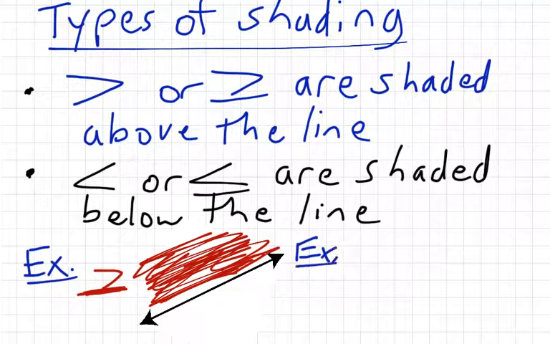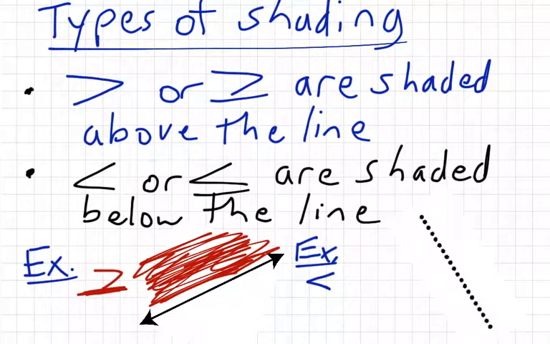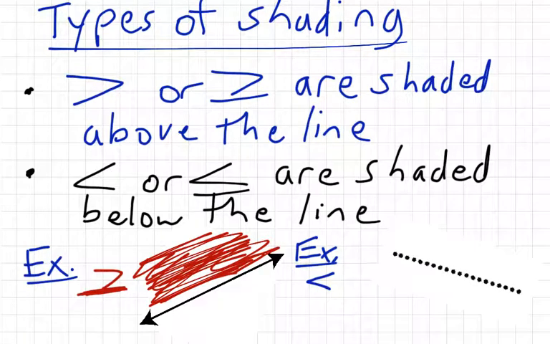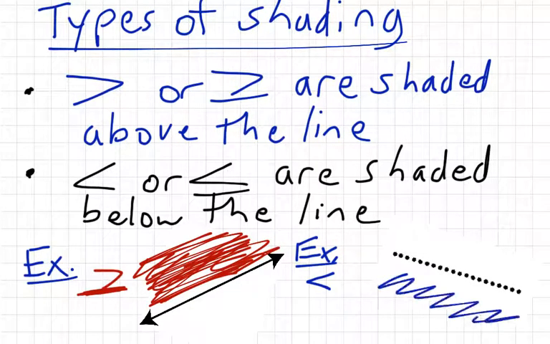And now let's do another example where it's going to be less than. If we're graphing less than on this graph, it helps me to tilt the paper or tilt it visually so that that's more of a flat line. And now you know that under is going to be down here. That's below the line.